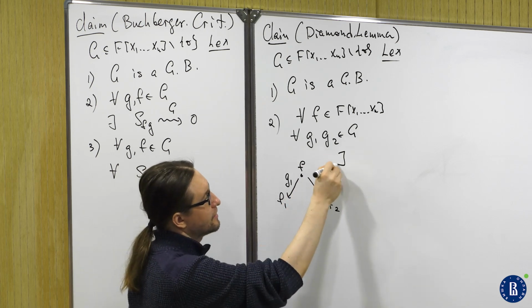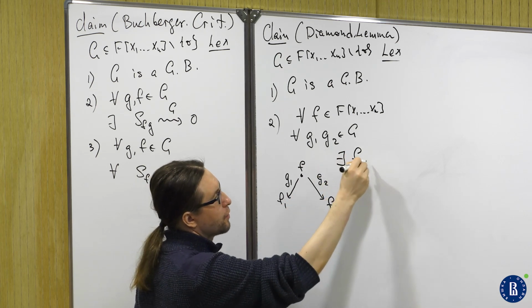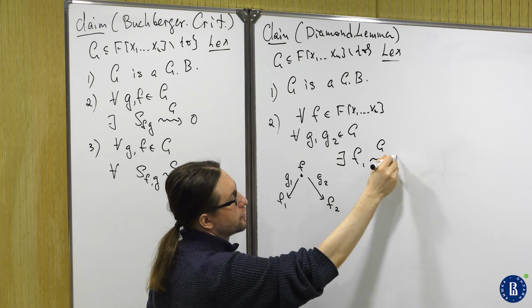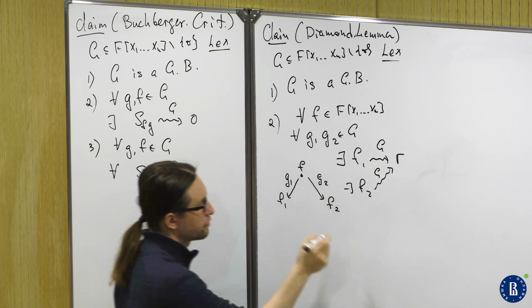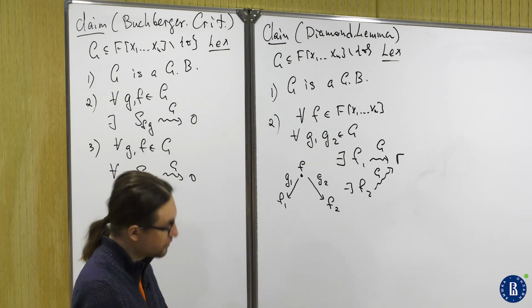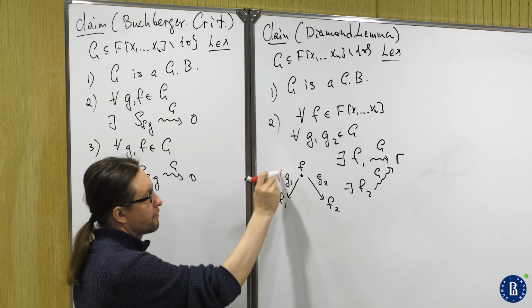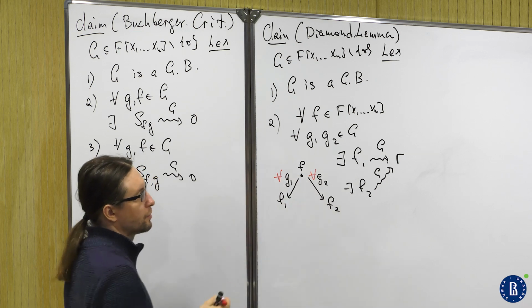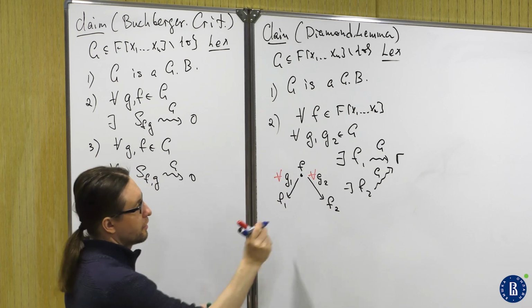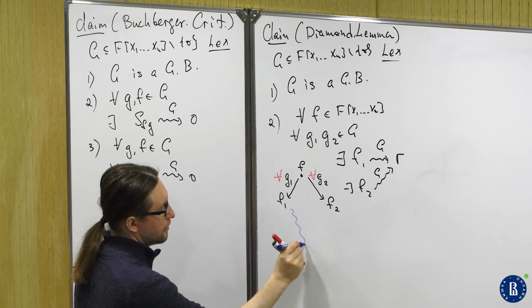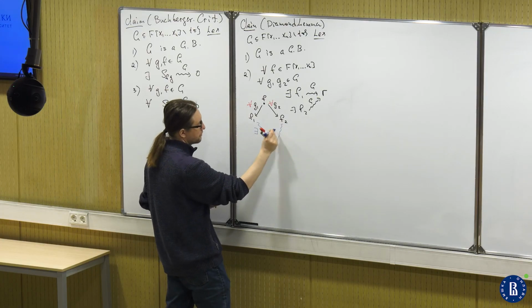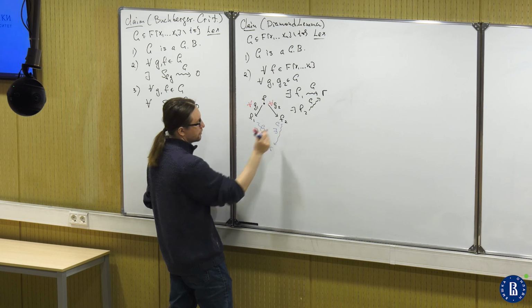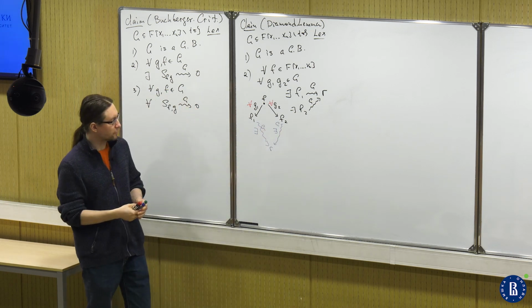So there must exist a reduction of f1 with respect to G to r, and a reduction of f2 with respect to G to r. So for every g1 and g2, there must exist a way to reduce these two polynomials to r.